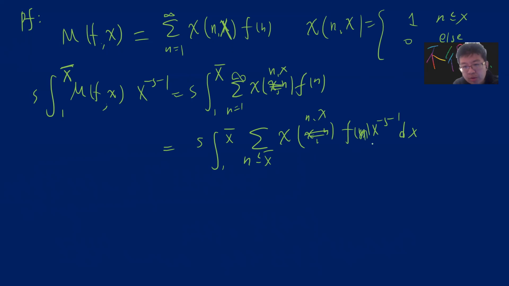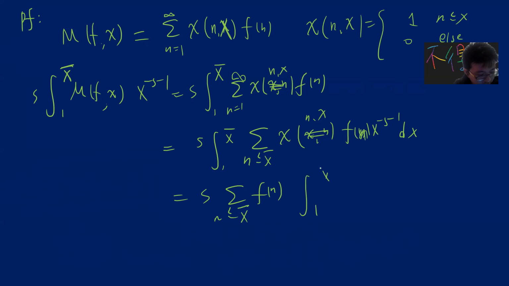Now you do the integration, following this step. So this is the sum of f of n, n less than or equal to x bar, integral from 1 to x bar of chi of n, x, x to the minus s dx.